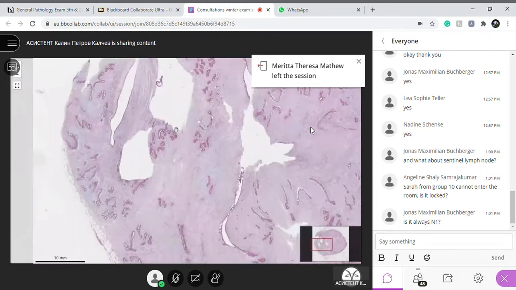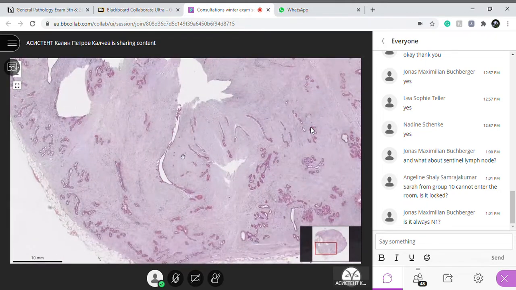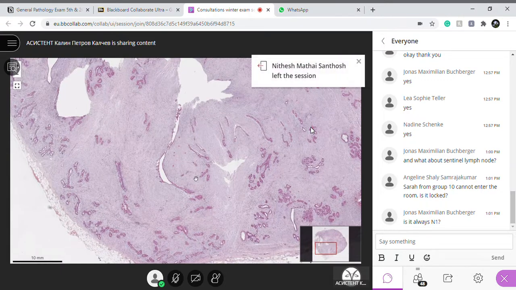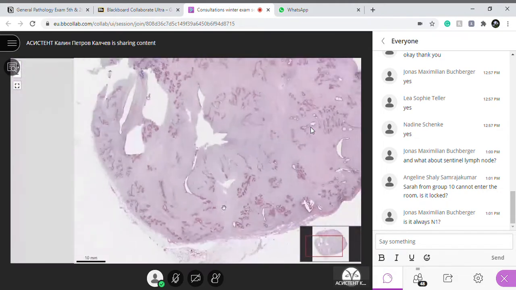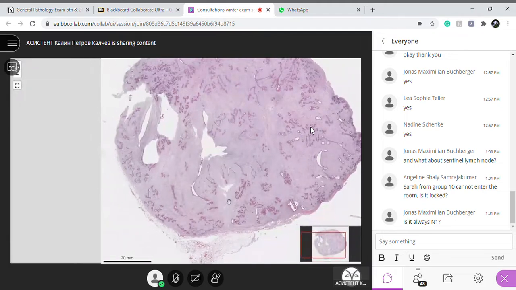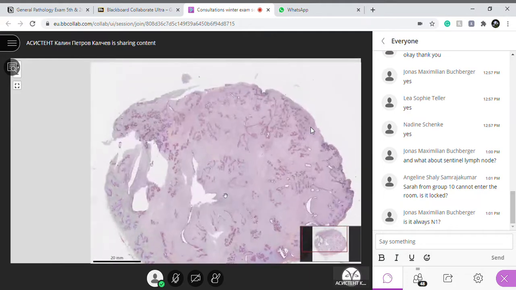Actually, some consider that even the stroma here is a tumor component, but actually it is only the glands which are the tumor, and the stroma is a reactive change to that epithelial tumor. So this is the fibroadenoma of the breast. Okay, any questions about the fibroadenoma?